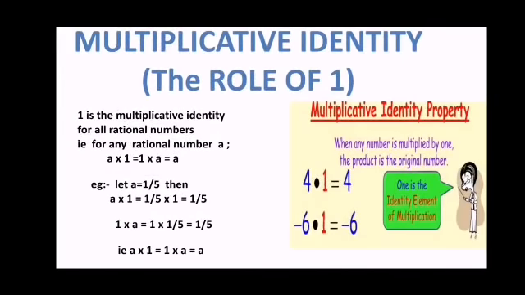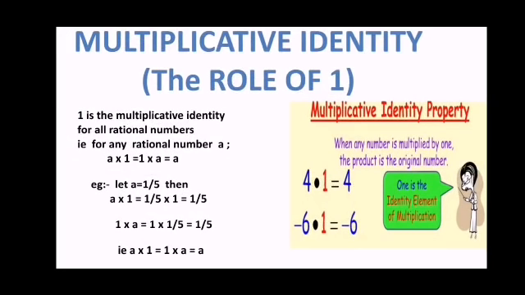Proceeding to the next property, which is multiplicative identity, or the role of 1. 1 is the multiplicative identity for all rational numbers. That is, any rational number a when multiplied with 1, we should get the same rational number a back.